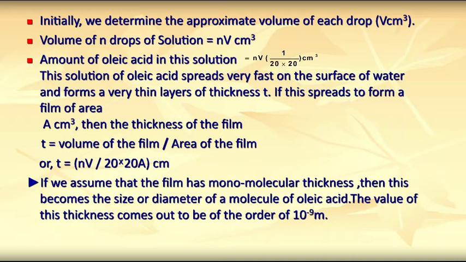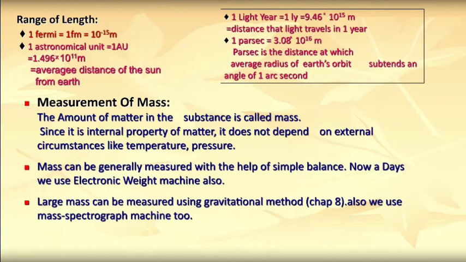If we assume that the film has monomolecular thickness, then this becomes the size or diameter of a molecule of oleic acid. The value of this thickness comes out to be of the order of 10 raised to minus 9 meter. So in this way we can find out the diameter and thickness of the given oleic acid molecule. Now let us take the unit.